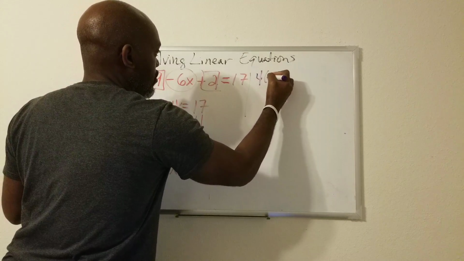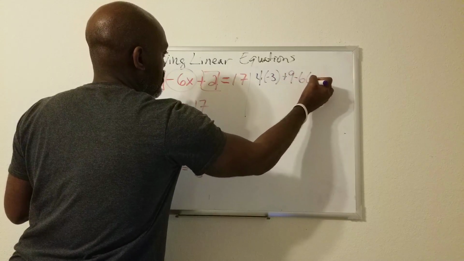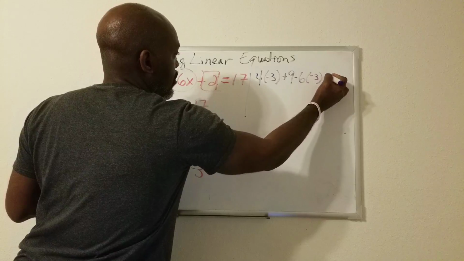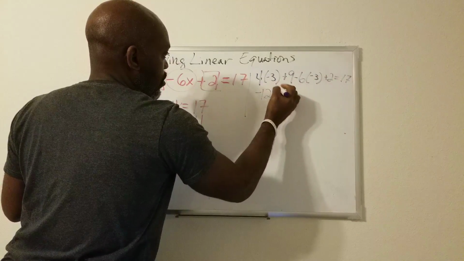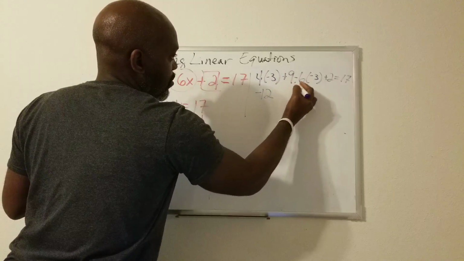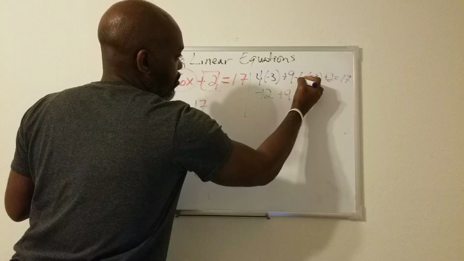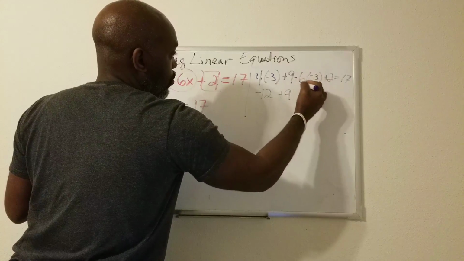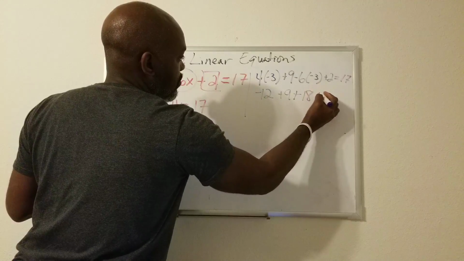4 times negative 3 plus 9 minus 6 times negative 3 plus 2 equals 17. This is negative 12. This is plus 9, negative 6. Because it's multiplication, remember, order of operations. That's plus 18.